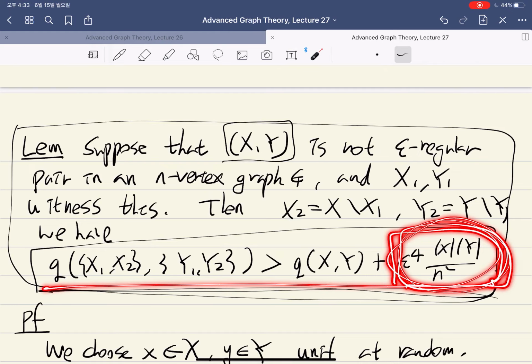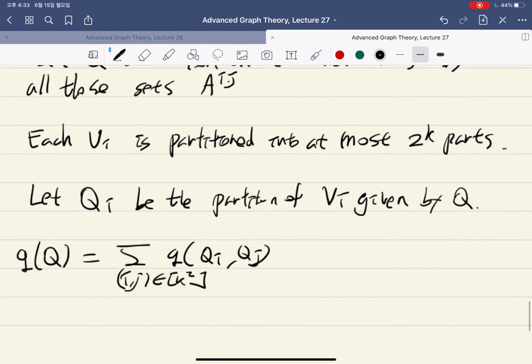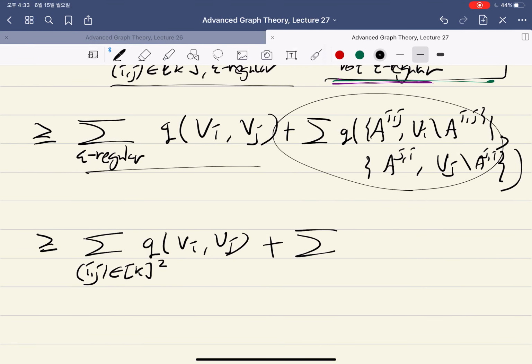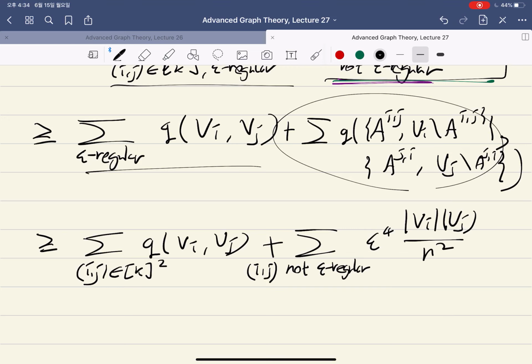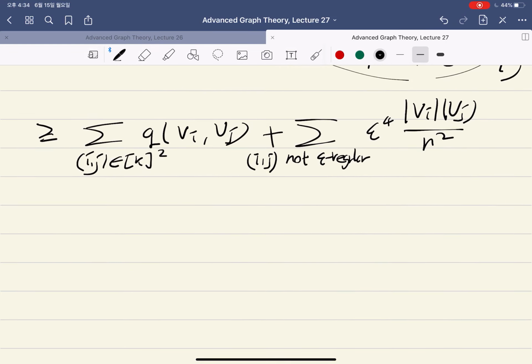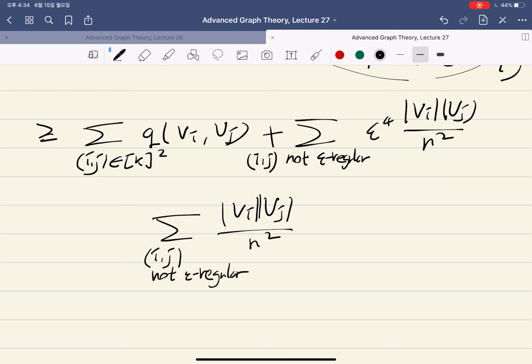Because they are not epsilon regular, we have this increment, which can be written as the summation over all pairs i, j not epsilon regular of epsilon to the 4 times |Vi||Vj| over n square. But what was our definition of epsilon regular partition? We said that if we add up |Vi||Vj| over the pairs i, j not epsilon regular, and this is smaller than epsilon, then it is an epsilon regular partition.